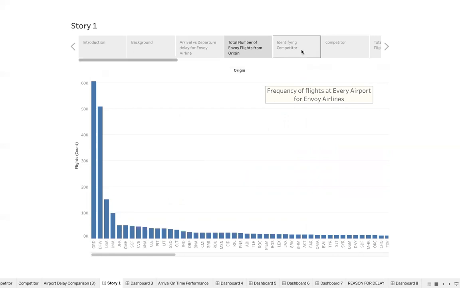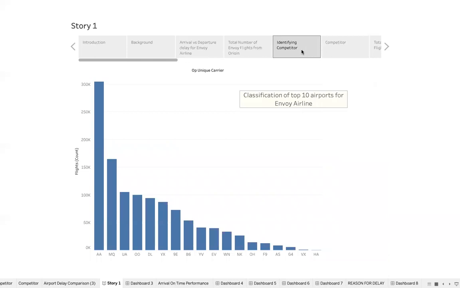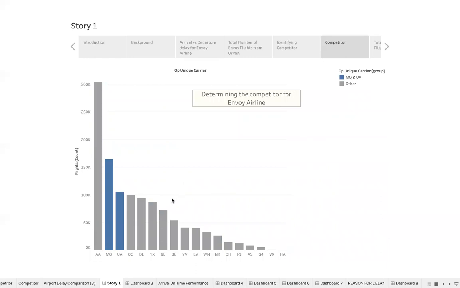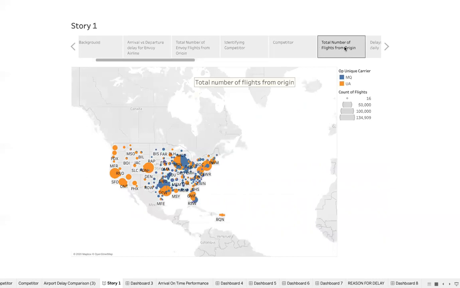So based on these origins from where Envoy Air is operating, we have tried to find the competitor, and here we have found the competitor to be United Airlines, that is represented by MQ, and Envoy Air is represented by UA. This visualization shows the total number of flights operating from origin.